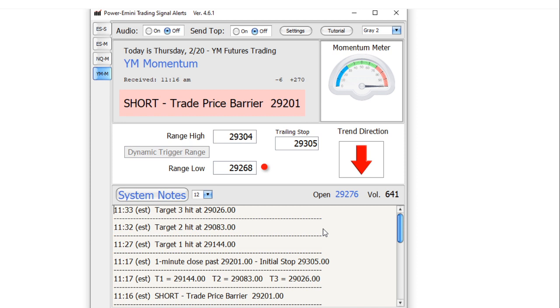Now, the other thing I want to mention, if you're also playing any of the scalper channels, like with the ES or the NQ or the YM. As a matter of fact, probably in the next enhancement, I'm going to get that out in the system notes for the scalper as well. We might as well utilize those because those are useful target levels to play even if you're scalping.